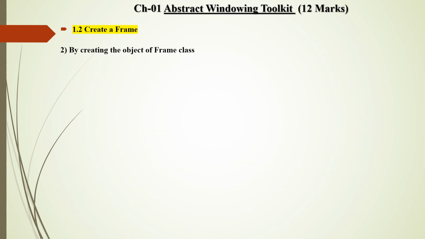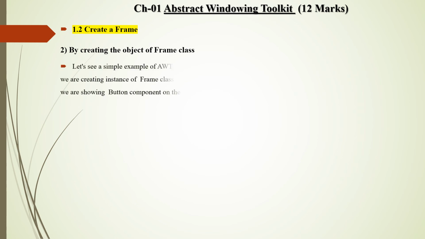Now we see the second way to create a frame, by creating an object of the Frame class. Let us see a simple example of AWT where we are creating an instance of the Frame class. Here we are showing a button component on the frame.